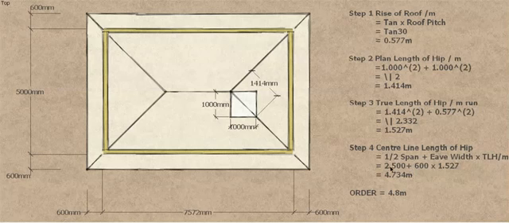So 2.5 is our half span, half of 5, plus 0.6, which is our eave overhang, times by 1.527 gives us a distance of 4.734 metres. So rounding up to timber orders, we would order a 4.8.